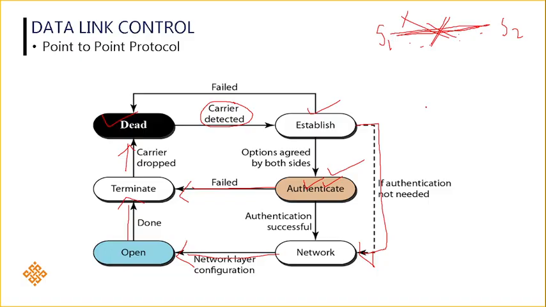If the authentication is successful, then they can go for network configuration and transmission of data. So in this way, the 6 phases will help in establishing the connection, authentication, data transmission, and lastly, closing the connection once the data transmission is completed.